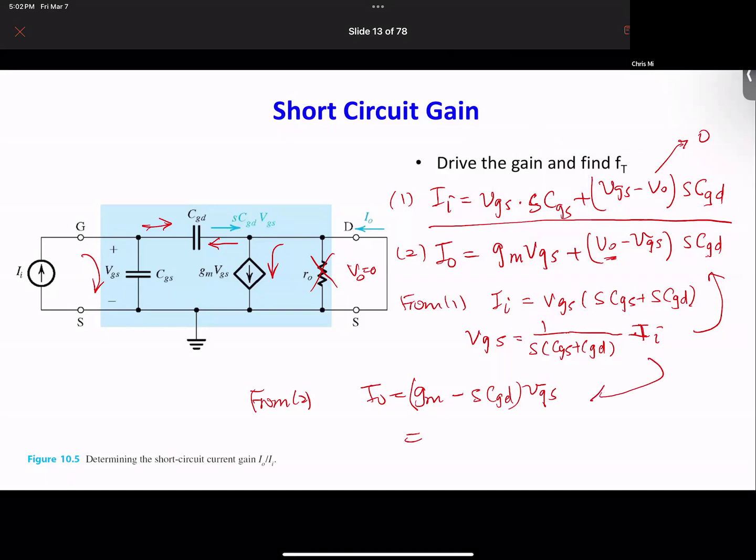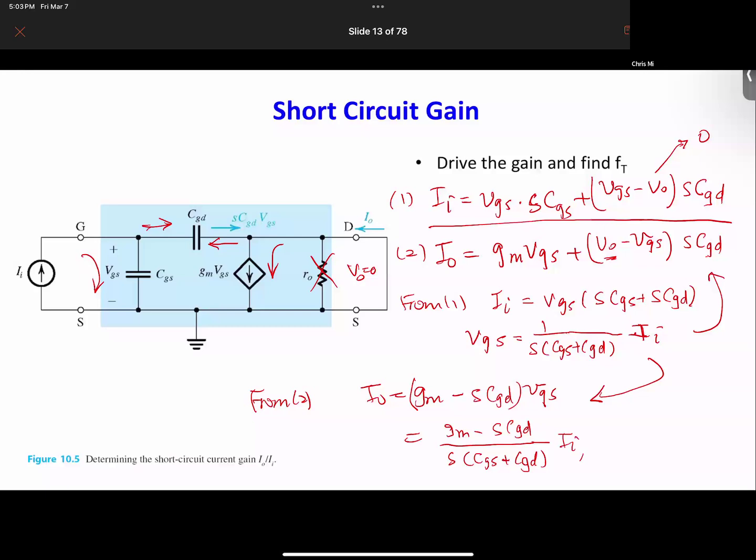Now we plug in VGS here, and we get (gm minus sCGD) divided by s(CGS plus CGD), times II. So we got this, right? IO.